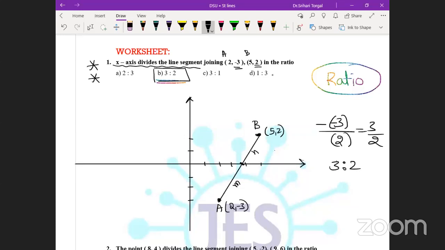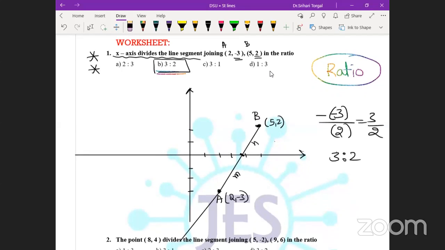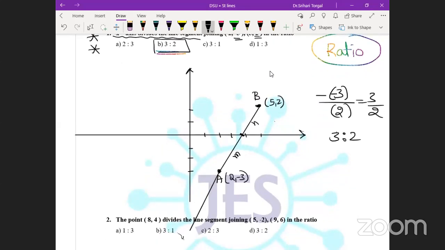And one more thing, if I extend this line here, like this, if I extend this, see here, this line segment AB divides the y-axis externally. So I have to get a negative value for that, right? So let me calculate that.